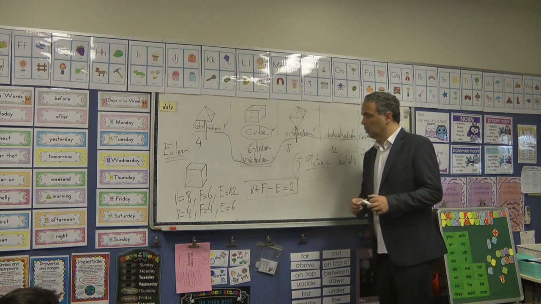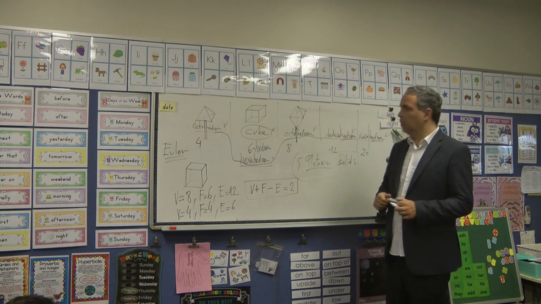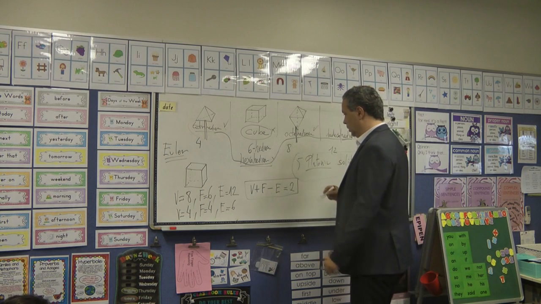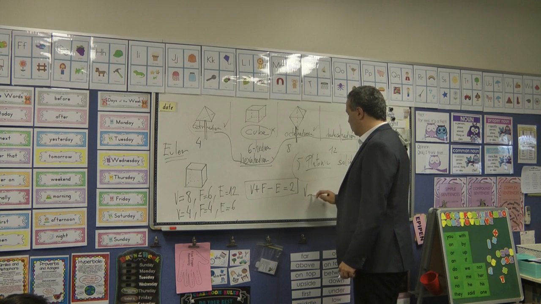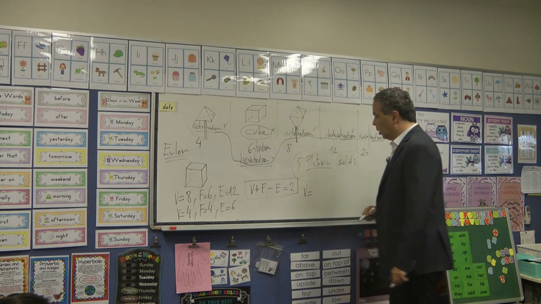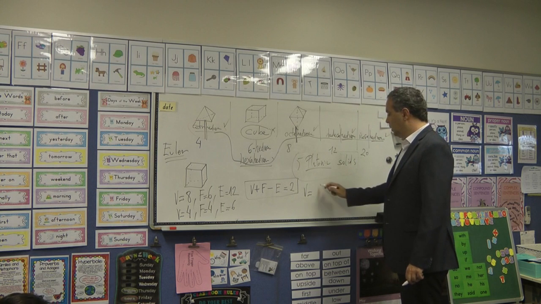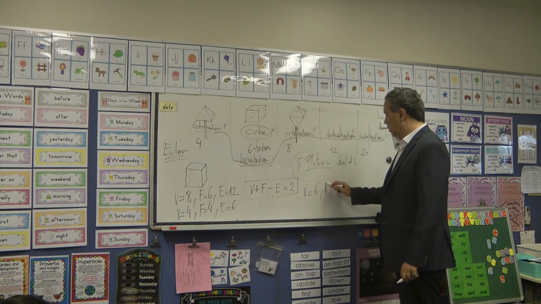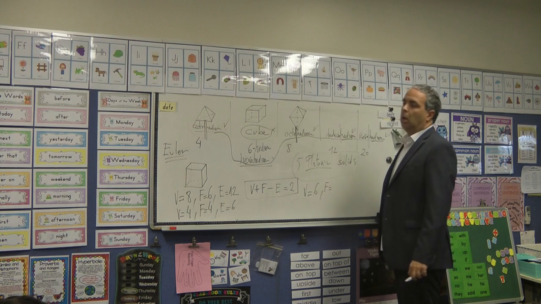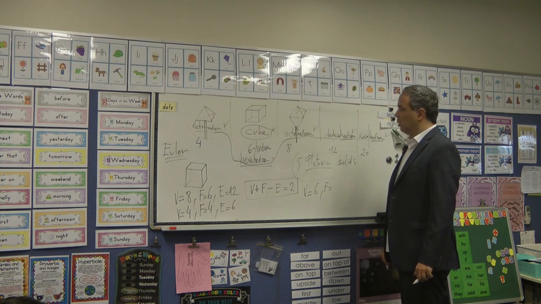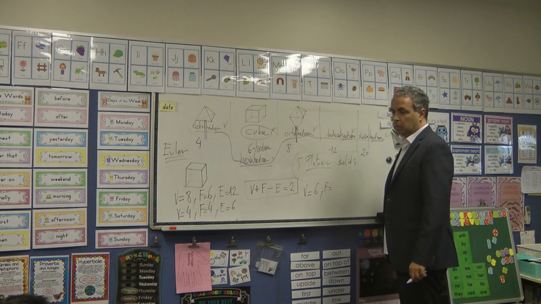So do it for this one now. Just this one. Come on. How many vertices? 6. Don't count the faces. You see the name. 8.